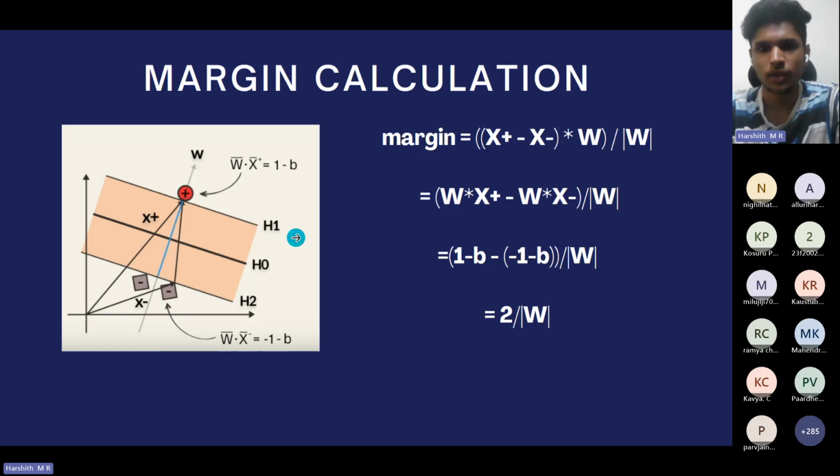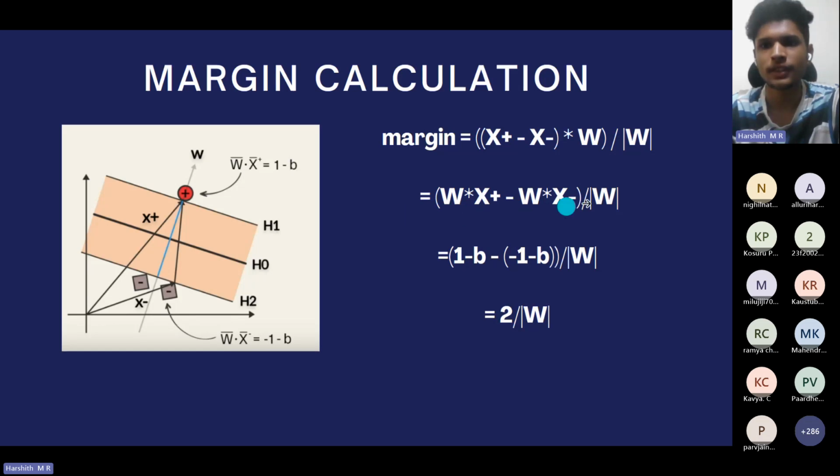So we'll see how it looks numerically. First we'll subtract the two vectors. We'll get this vector, and dot it with W. But while dotting, we won't get the component of this vector along W, we'll just get the dot product value. When you divide it by the magnitude of W, you'll get the component of this vector along W. So calculating this will give you the margin length.